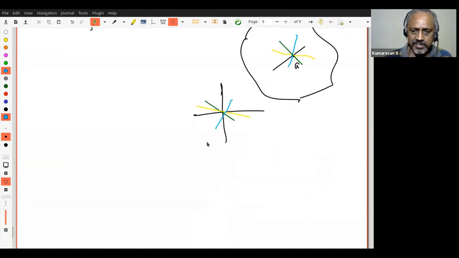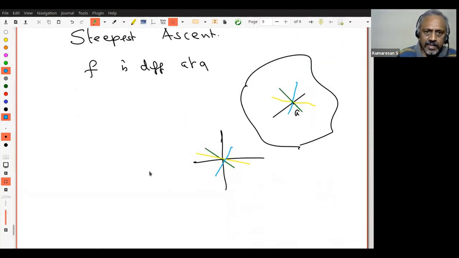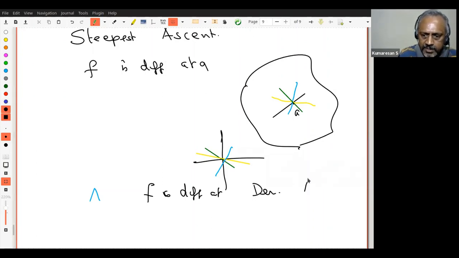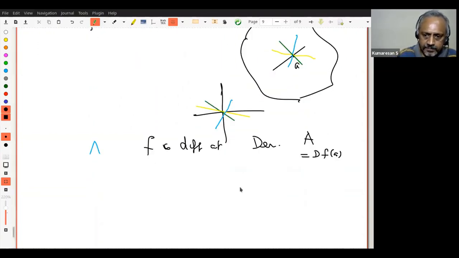The answer is very easy now. We are assuming f is differentiable at a, and the derivative is this linear map, it is what we call derivative. This is my notation. Then let us look at the derivative, df at a acting on v.